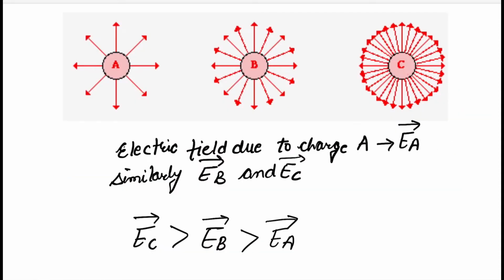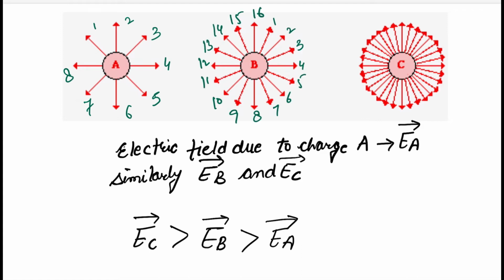This particular thing can be understood with the help of this figure too. This is the first charge from where you can see a total of 8 lines are coming. From the second charge B, we have 16 lines coming, almost double. For the next one, it will be obvious 32 lines are coming out of it, right? So, what you see is that if you measure the electric field, then the electric field from the C charge is greater. Why greater?